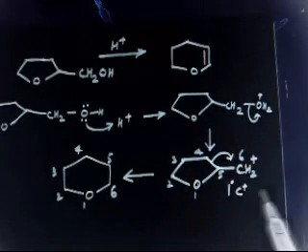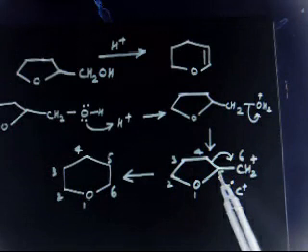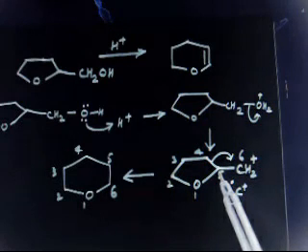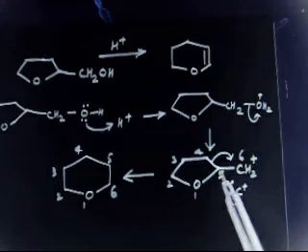Now see, basically on carbon number 5, if you remove this group on carbon number 5, you will have a positive charge. Are you getting or not? I have simply missed.